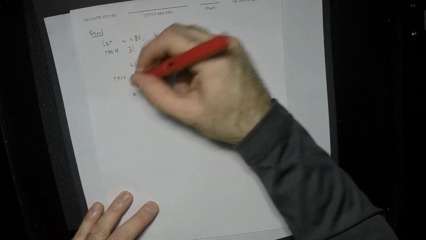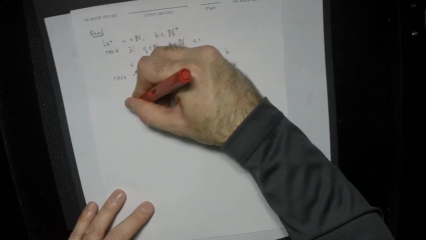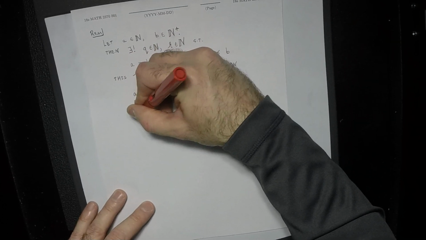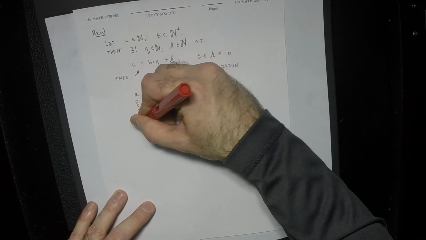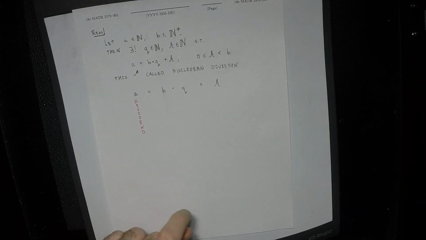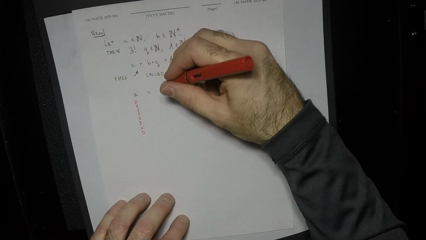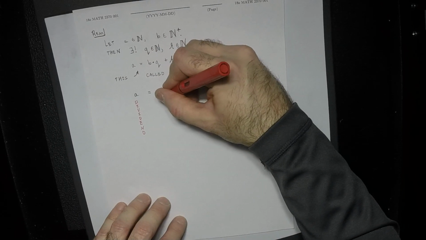A is called the dividend. That's the thing that's being divided. B is called the divisor.